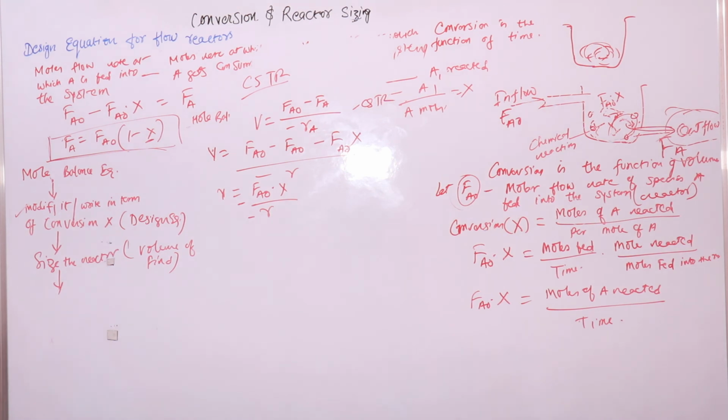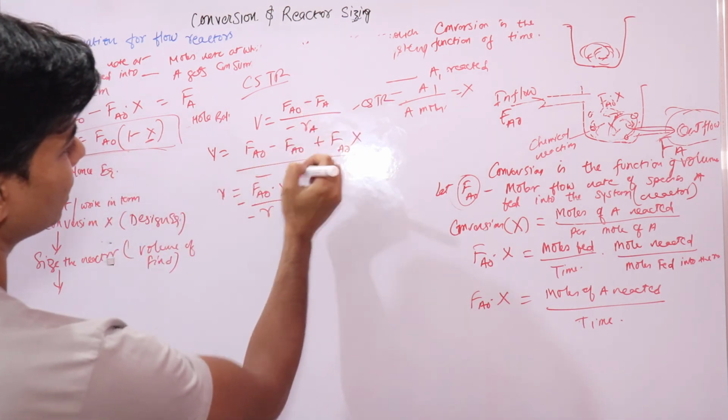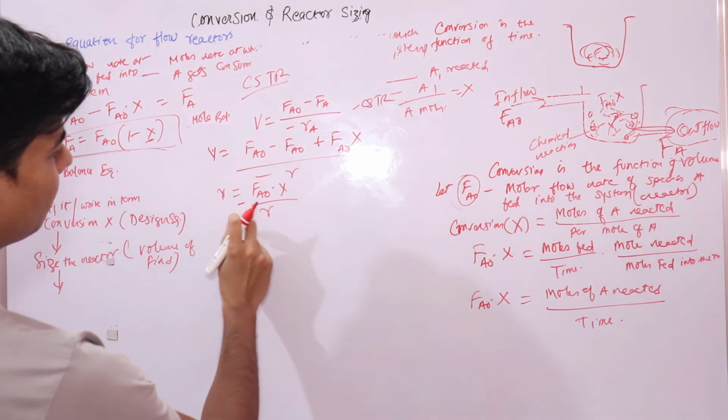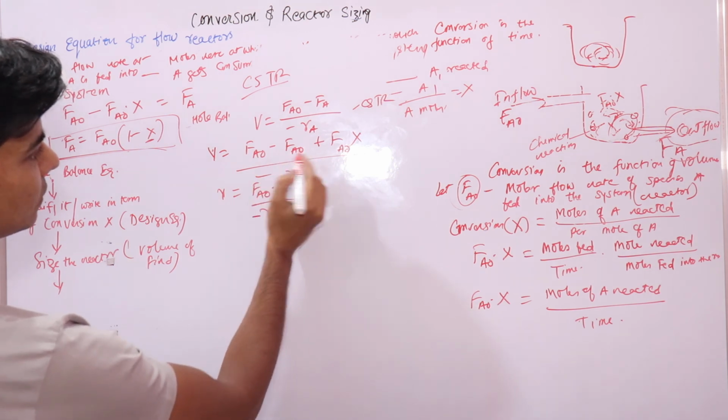We get Fa0 minus Fa0, and since this is minus Ra, the two minuses will become plus.